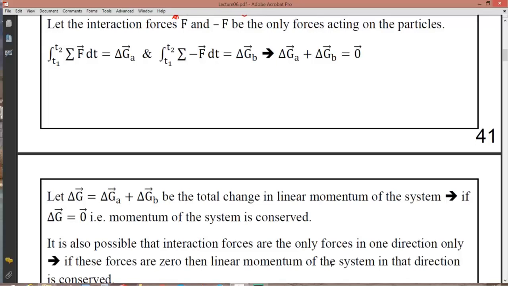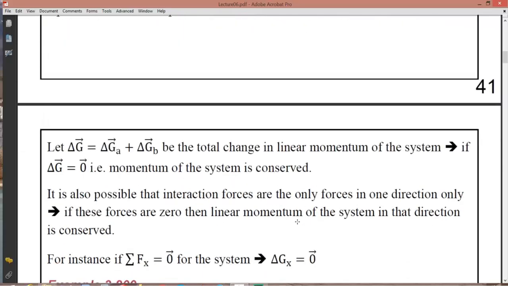So you can deduce that if there exist only internal forces in a system of particles, then the linear momentum of the system will not change. Okay. That being said, we have similar type of information here, so I'm not going to talk about it. That being said, we're going to take a look at the example in the next video.